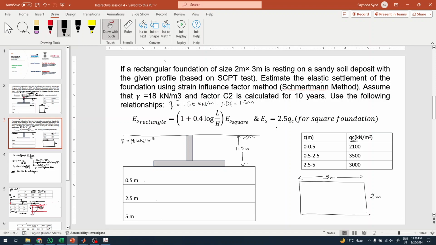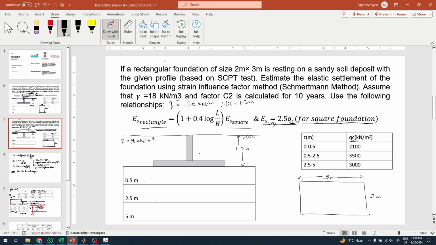And if you can see from here, there is some relation about how we can estimate the Es from QC given. So this is given for a square foundation while we have a rectangular foundation. So what we have to do is calculate for the square foundation and then convert it to the rectangular foundation.